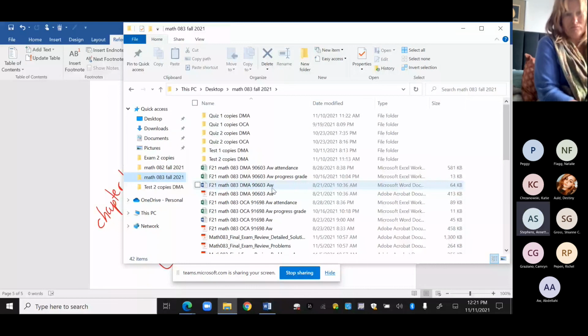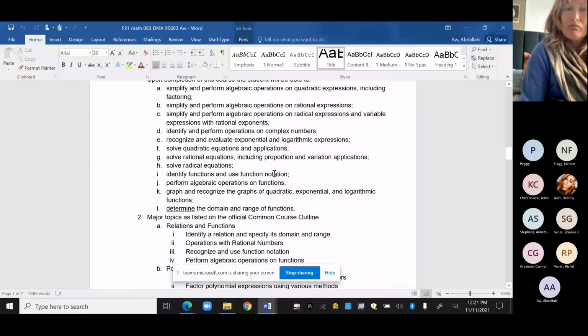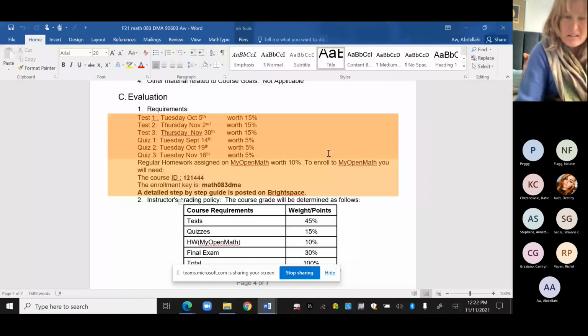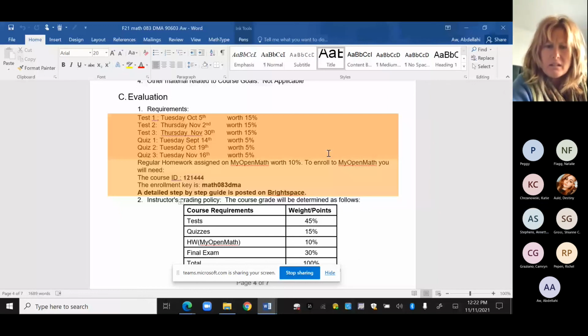It is right here: November 16, which is next Tuesday, right? Next Tuesday, the quiz, everybody should be happy, okay? We're going to open up the quiz right after class, and you will have until the next day to turn it back. Just like quiz number 1, like quiz number 2.